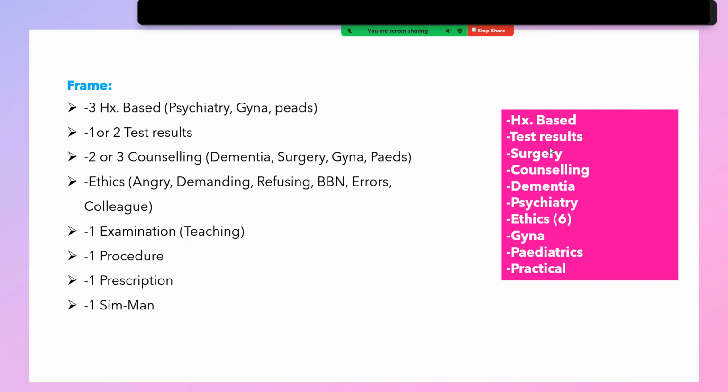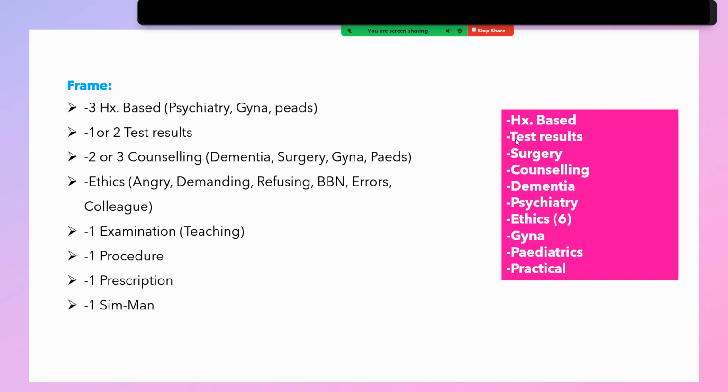We have 14 approaches in addition to the practical cases. What are the 14 approaches? History-based approach, in which you are going to deal with a symptom. A patient will come with a symptom and you have to reach a provisional diagnosis. Okay? This is the first approach.